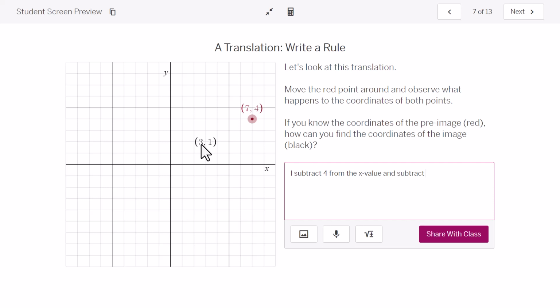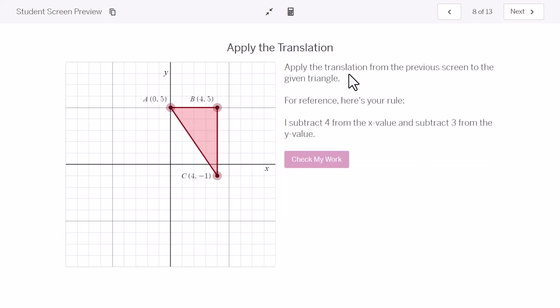And I'm going to subtract 3 from the y value. And in this case, with this translation, that rule should work no matter what the coordinate is. So let's apply that translation to this triangle. Here's my rule. I subtract 4 from the x value and 3 from the y value.